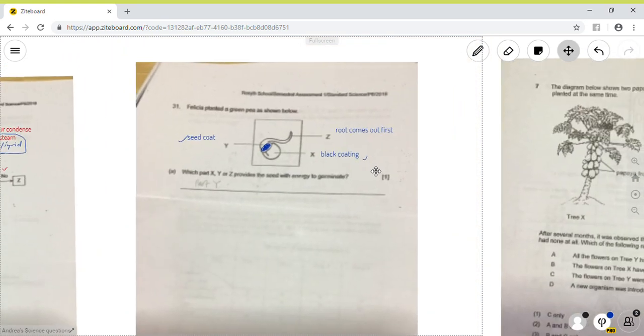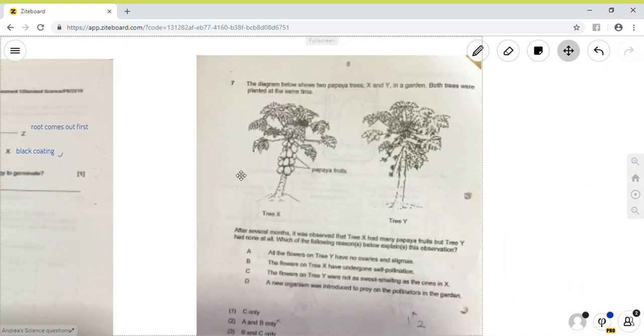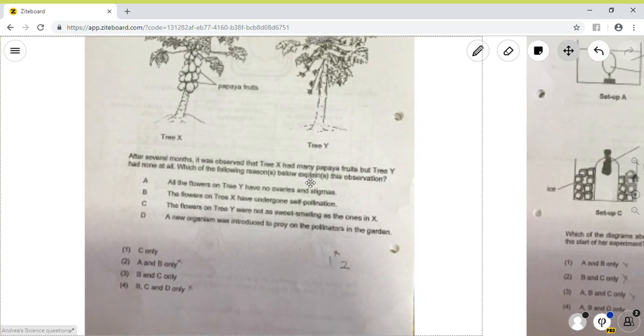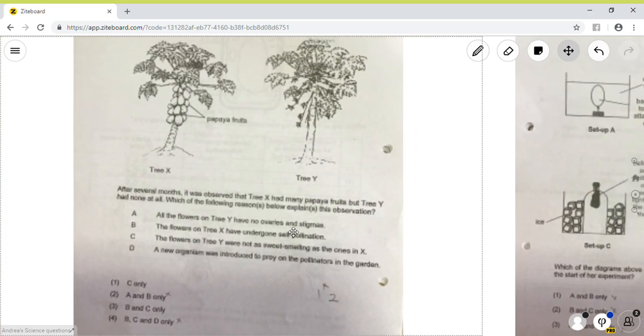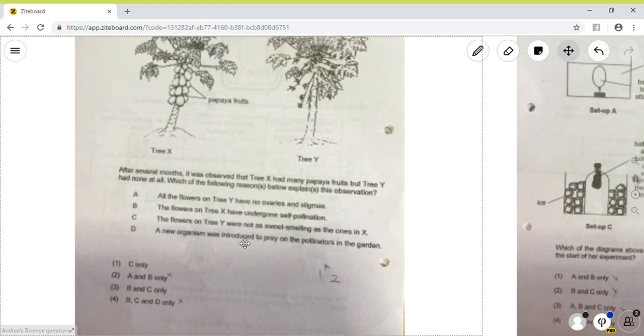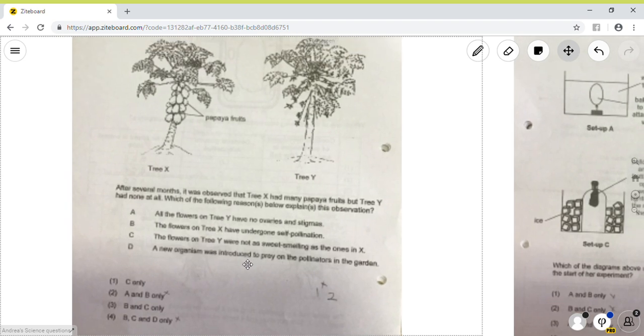Okay, next one. Both trees were planted at the same time. After several months, tree X had many fruits, but tree Y had none.